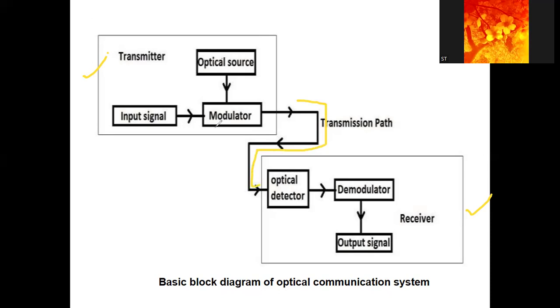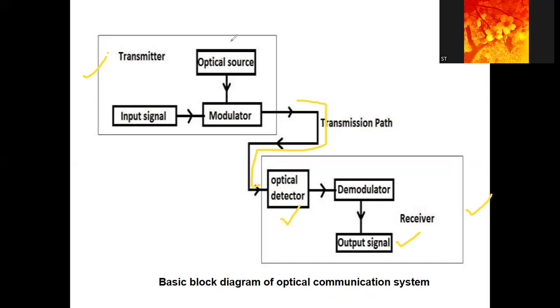So the transmitter consists of input signal, optical source, and modulator. The input signal carries the information and the optical source generates the optical signals or light signals. At the modulator, the input signal is encoded in the form of a light signal, and then the data is transmitted over the optical fiber, and then at the optical detector, the optical signal is received and then demodulated to extract the information signal.